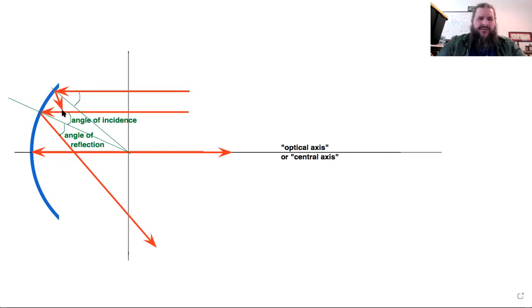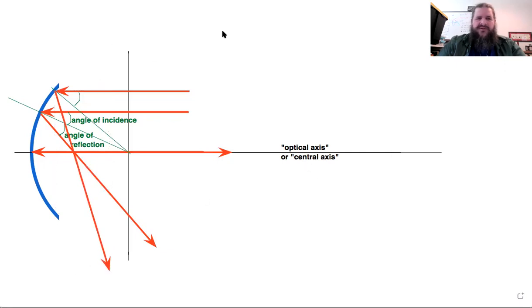So it's going to bounce off, making the same angle. And it so happens that with this spherical mirror, this reflected ray also passes through that same intersection point. In fact, it turns out this is true for any ray of light that starts off parallel to the optical axis.